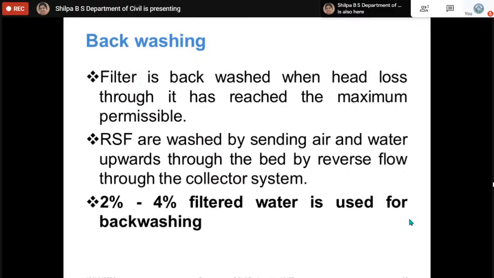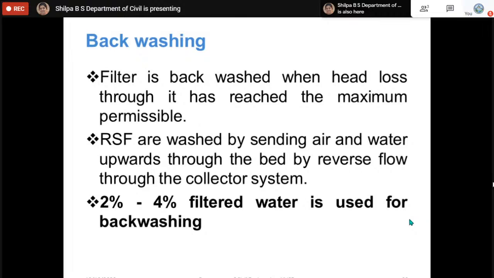And while doing the backwashing, we first need to pass air so that we can loosen up the sand particles, and then we allow the water to rise through the sand media. During this backwashing, about 2 to 4% of the filtered water will be used. Okay, the filtered water will be used for the backwashing.